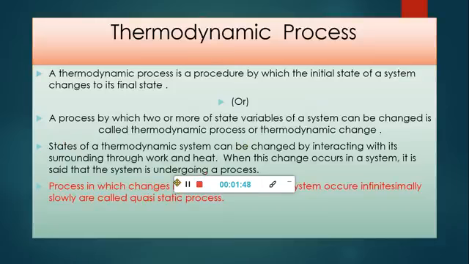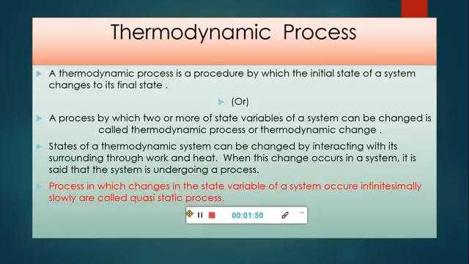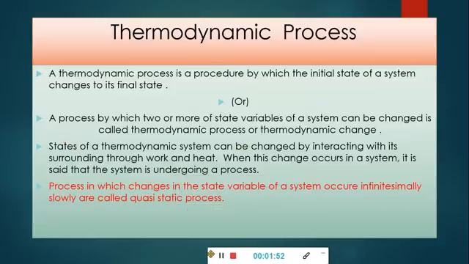Now what is a thermodynamic process? A thermodynamic process is a procedure by which the initial state of a system changes to its final state. So in simple words, there is just a change of state from the initial to the final state.